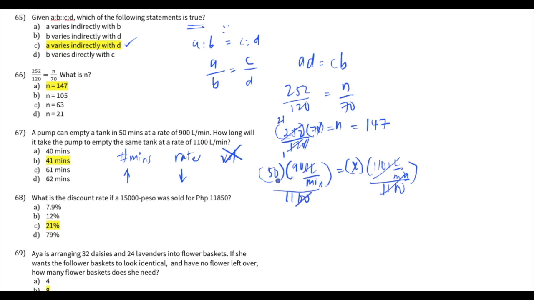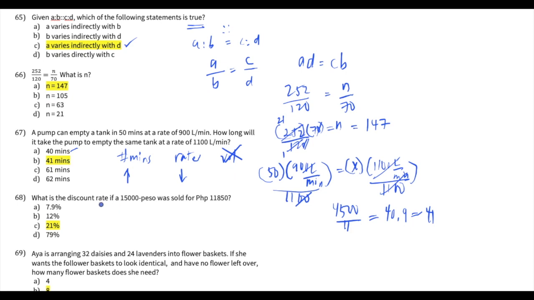We have this one, 50 times 9 over 11. This is equal to, itong nasa taas, 4,500 over 11. If you divide this is equal to 40.9 or 41 minutes. Okay? Round up tayo dito, guys. Hindi round down. Kasi, how long will it take? So, kung 40 minutes, kukulangan yon. So, dapat 41 minutes or letter B.